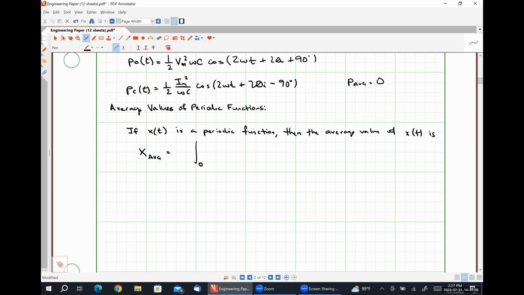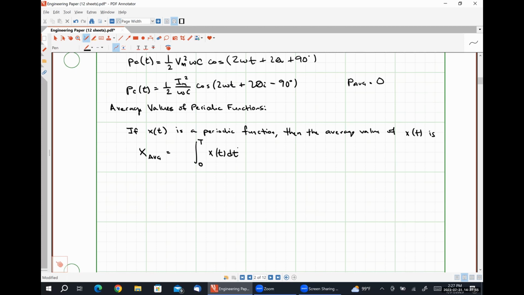I'm going to choose to represent this as from 0 to capital T, but these don't have to be our bounds of our integration. We need to integrate over exactly one period of x of t dt.